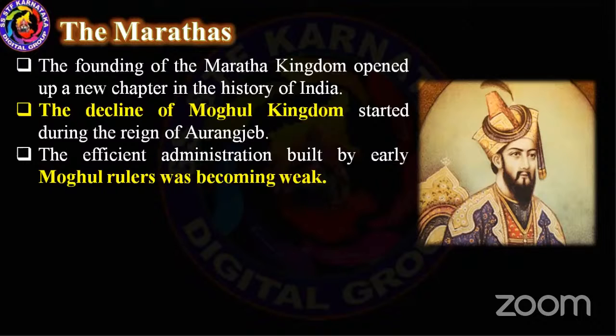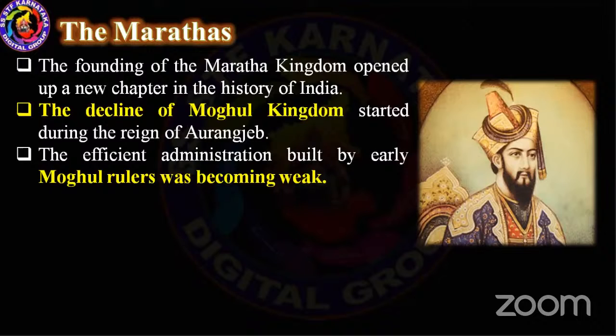Instead of giving importance to efficient administration and controlling their officials, they were engaged in a luxurious life. They did not pay attention to administration and to the rivalries running in the Mughal rulers' court.